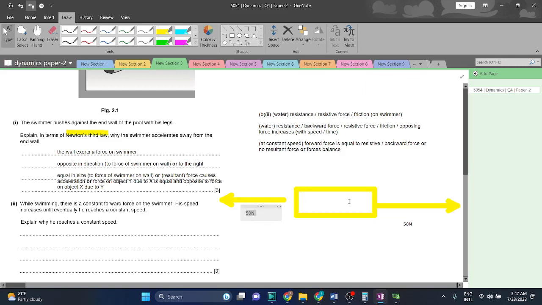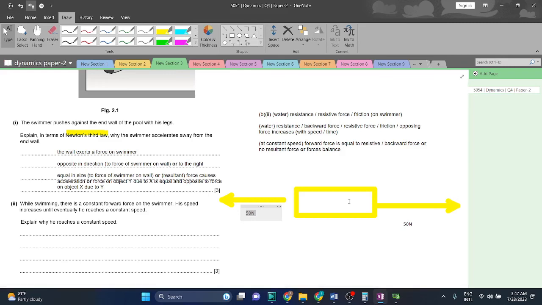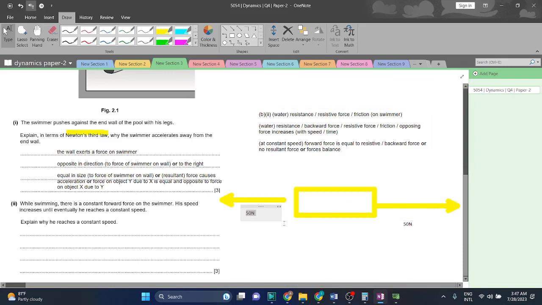That implies that the forward force is equal to the backward force and there will be no acceleration, no change in speed. But if the backward force is 40 and the forward force is 50, that means there is a resultant force of 10 newtons and the car or the object will accelerate.